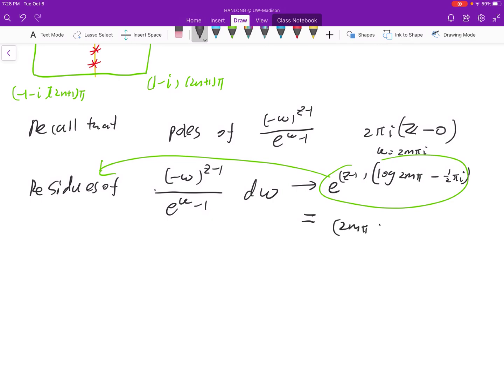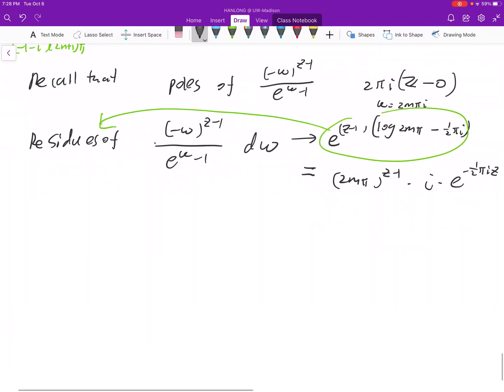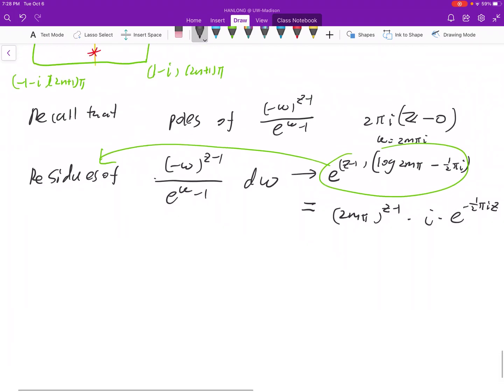Okay, if you compute it, this equals (2mπ)^(z−1) times i times exp(−1/2 πi z). This is for all ω = 2mπi, m greater than 0.